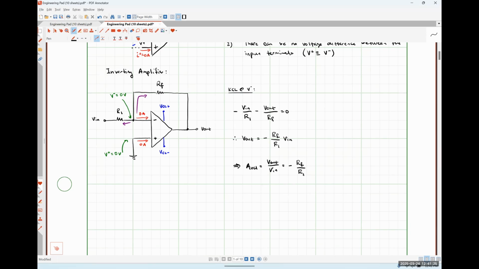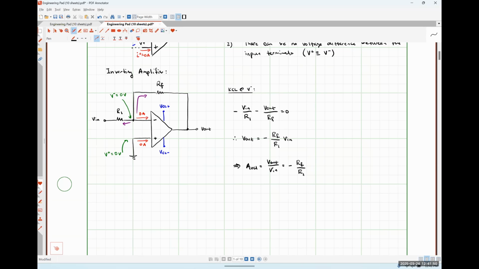So let's talk about a couple of things here. First, the name. This is an inverting amplifier. This is an inverting negative feedback amplifier. We've dealt with amplifiers where we applied the input signal on the inverting side before. For the inverting Schmitt trigger, we applied the input signal on the inverting input side of the amplifier.